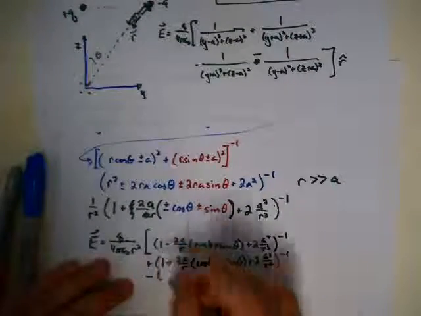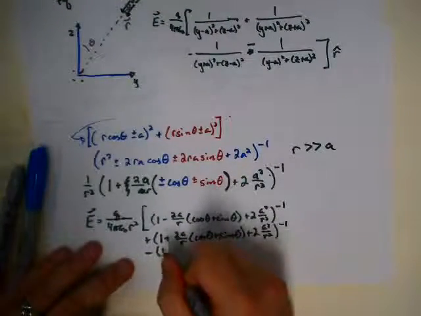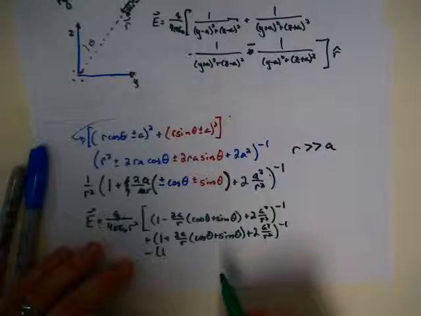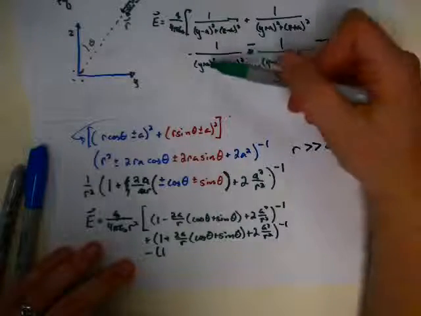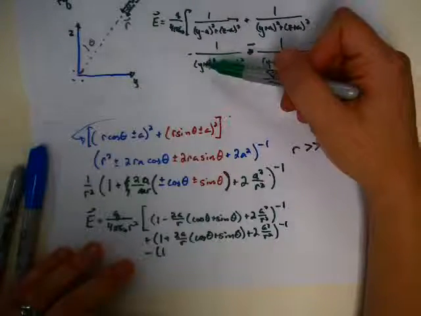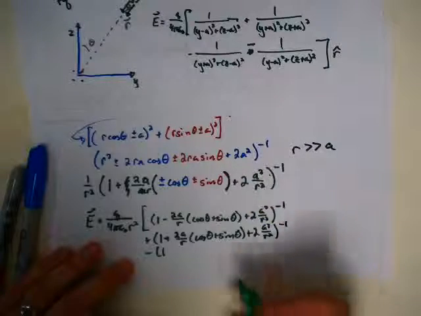And then minus 1, and now we have to be a little bit careful. For this one, I have plus on the first one and minus on the second.